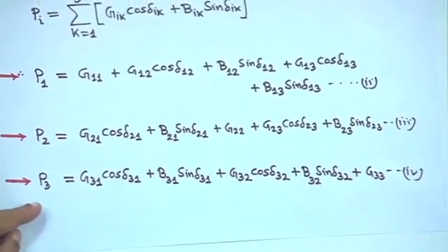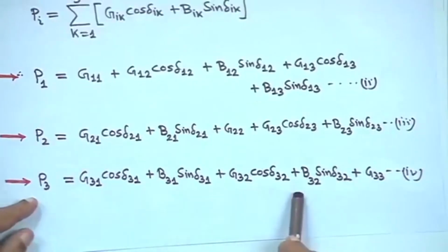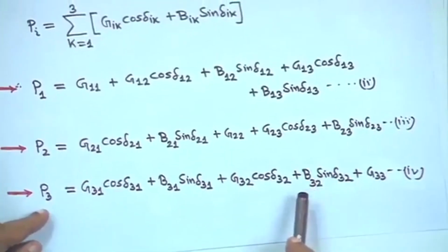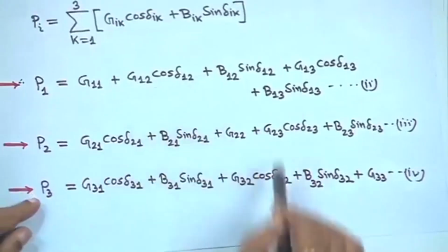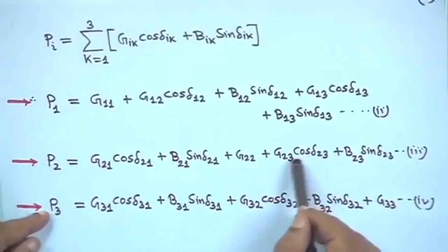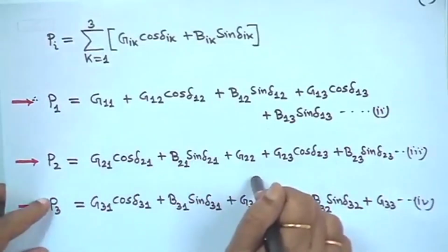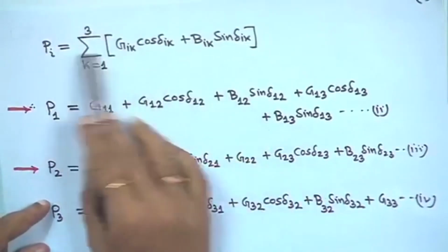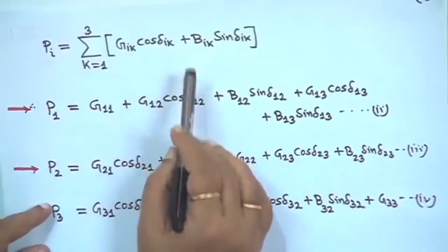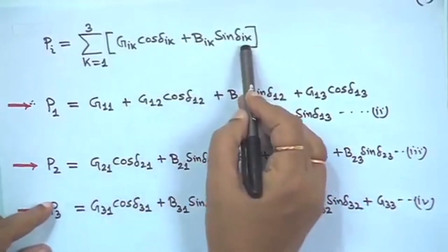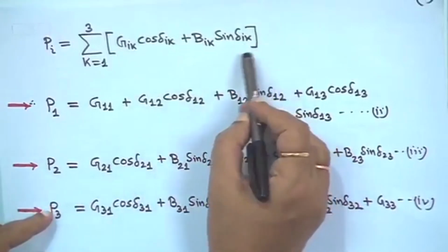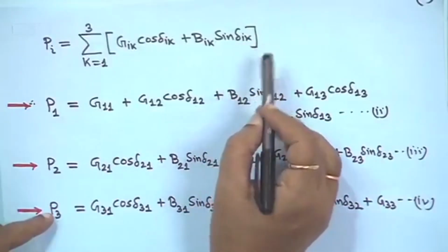So, if you expand this, naturally one case will happen that everywhere there are 5 terms, because for anywhere you will find sin delta 1 minus delta 1 will become 0, and sin delta 2 minus delta 2 will be 0.